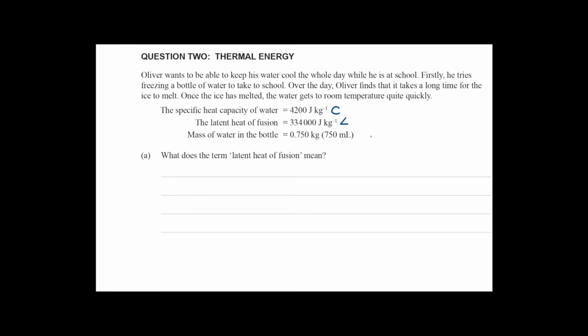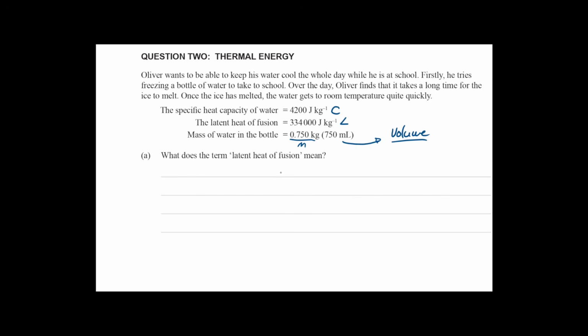Yes, it is. It's in joules per kilogram. Mass of the water is 0.750 kilograms, so that's little m. This one here is volume. It's not given in any of the formula, and I suspect it might just be a red herring.